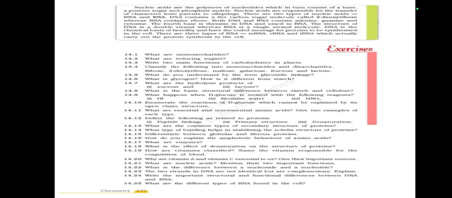DNA contains the 5-carbon sugar 2-deoxyribose, whereas RNA contains ribose. Both DNA and RNA contain adenine and guanine. DNA is double stranded, whereas RNA is a single stranded molecule. DNA is the chemical basis of heredity and has the coded message of proteins to be synthesized.